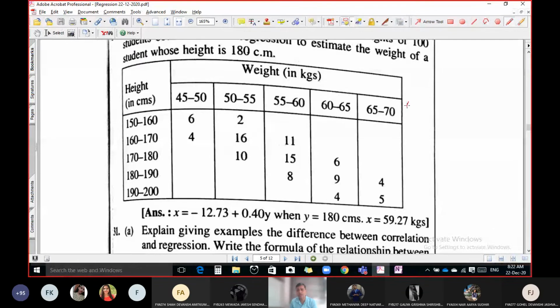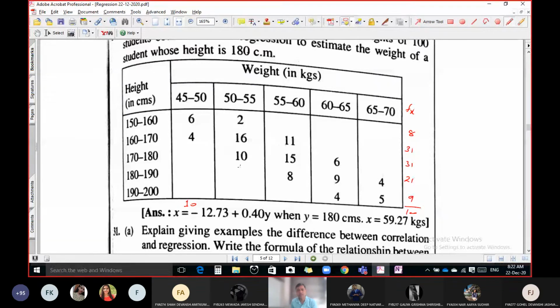So see, first of all, you have to find out frequency. What is the frequency of x here? Only simply total: 8, 31, 31, then 21 and 9. What is the total? 100.